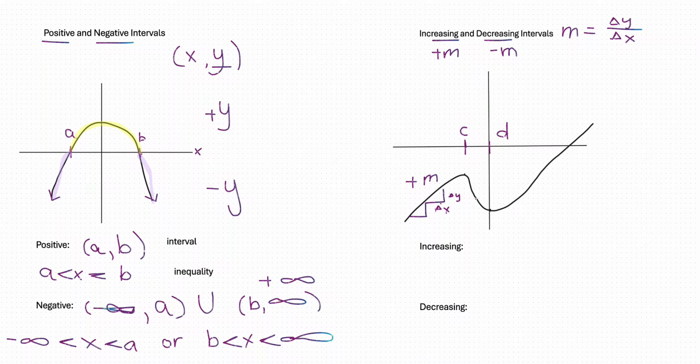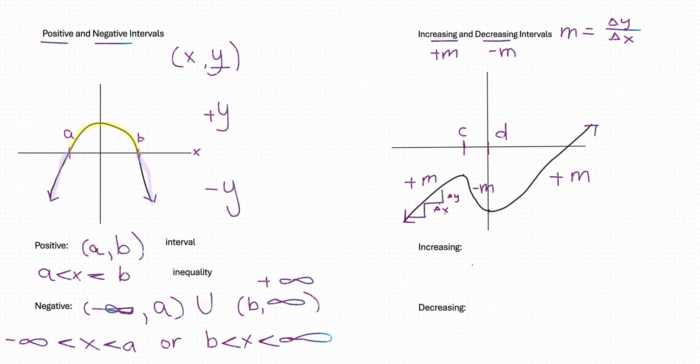Now, in this part over here, from c to d, there is a negative slope. And from d to infinity, there is a positive slope again. And we know it's going to infinity because there are arrows.